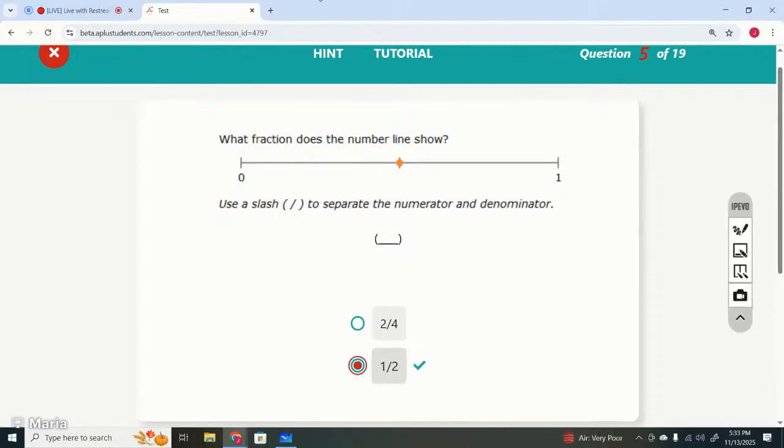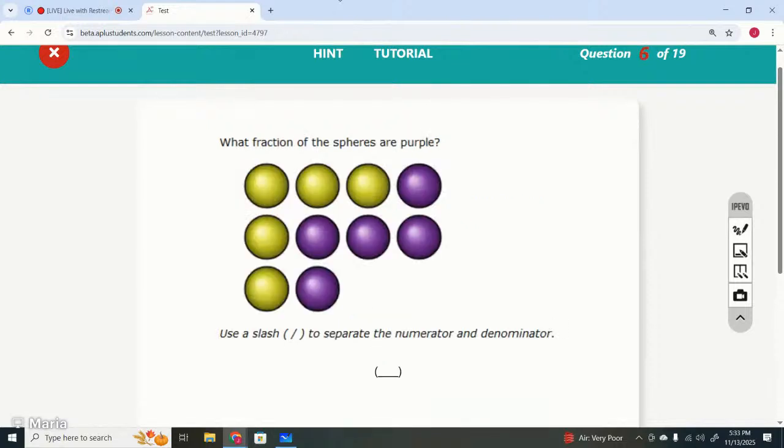Option number 3 is the correct option. What fraction of these spheres are purple? 5 out of them. Option number 1 is the correct option.